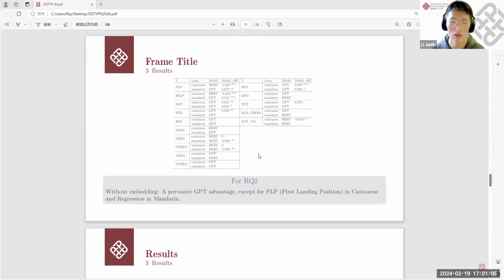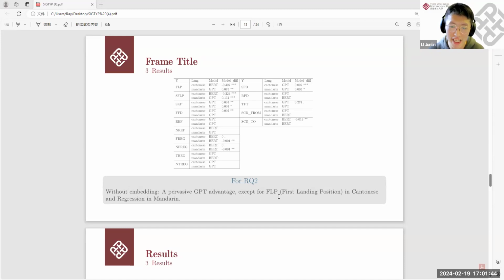And the second observation is that there is a pervasive GPT advantage over BERT or RoBERTa in most of the eye movement measures, except for first landing position and the targeting of first regression, the probability of first pass regression out and the frequency of first pass regression out, which are generally regression related measures.